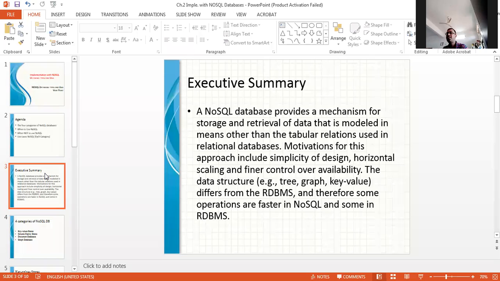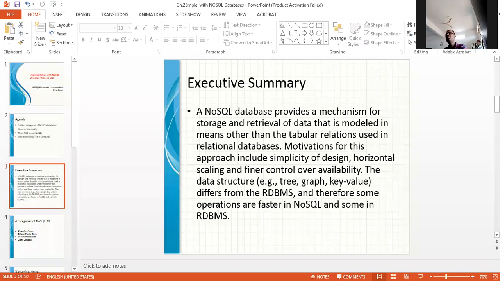In relational databases, data is accessed according to relations, which we have already discussed: one to one, one to many, many to one, many to many. These are the types of relationships, and according to these relations, data is accessed in tabular form.